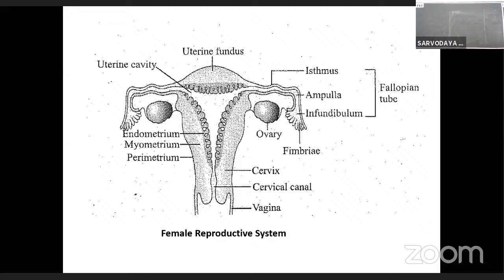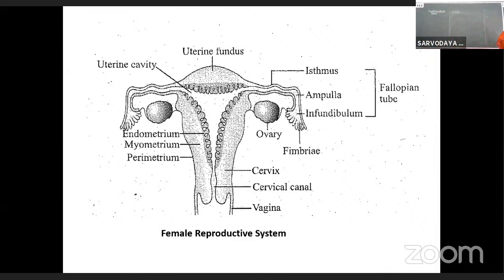It can be asked for a 5 mark question. Okay. Now let us learn what are the parts which are going to be included in the female reproductive system.